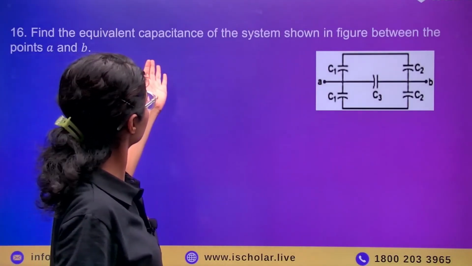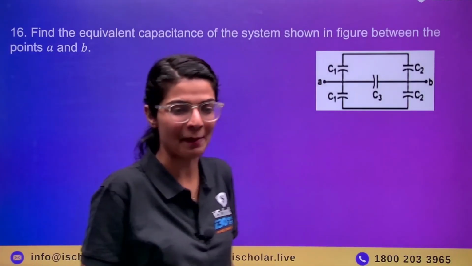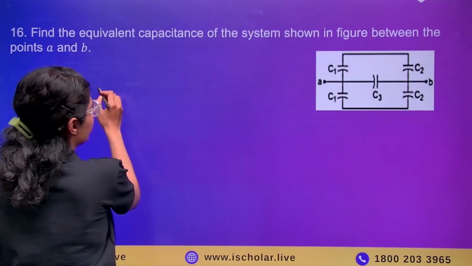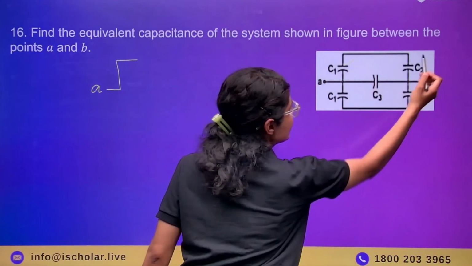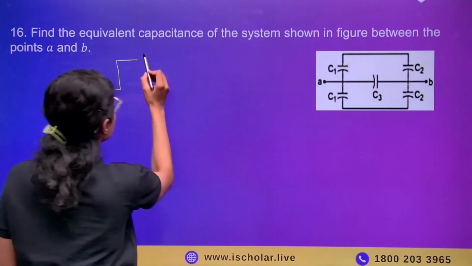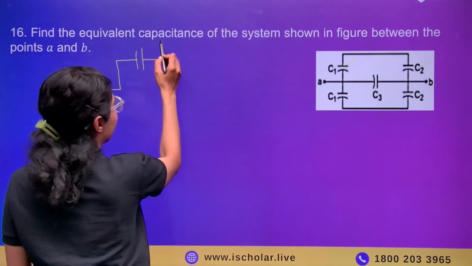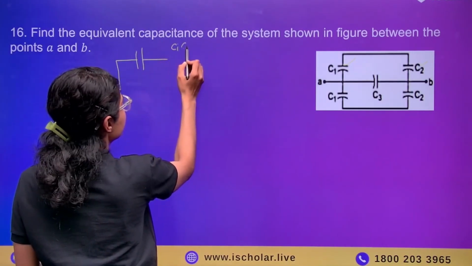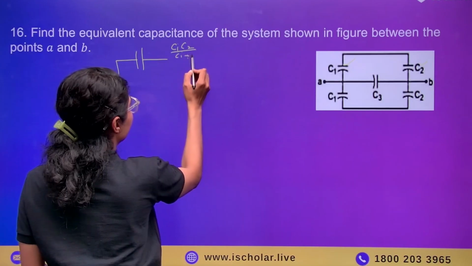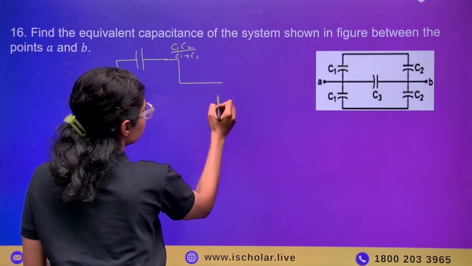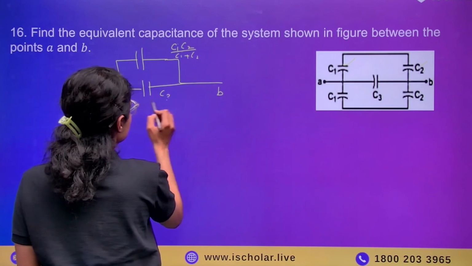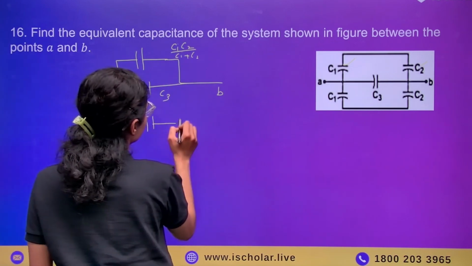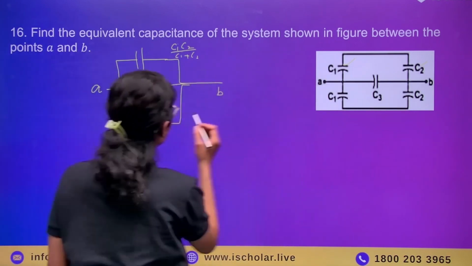Next is this question. We have to calculate the equivalent capacitance. How can we do this? This is the point A. Obviously, C1 and C2, these two are in series, so I'm writing it in series, and this will become C1 C2 divided by C1 plus C2. This is C3, writing it as it is, and another capacitor over here, C1 C2.